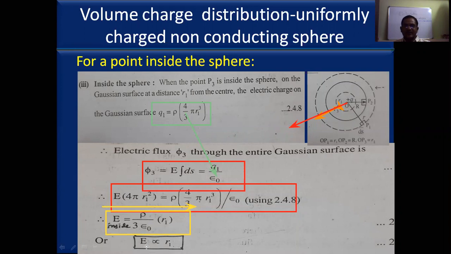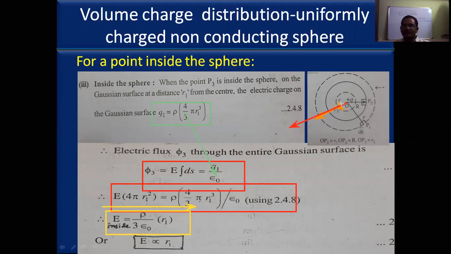So it is very clear that the electric field strength at an interior point of the non-conducting sphere is directly proportional to R1. If you substitute R1 equal to 0, it represents the point at the center. In that case E inside equals 0. So the field strength at the center equals 0.